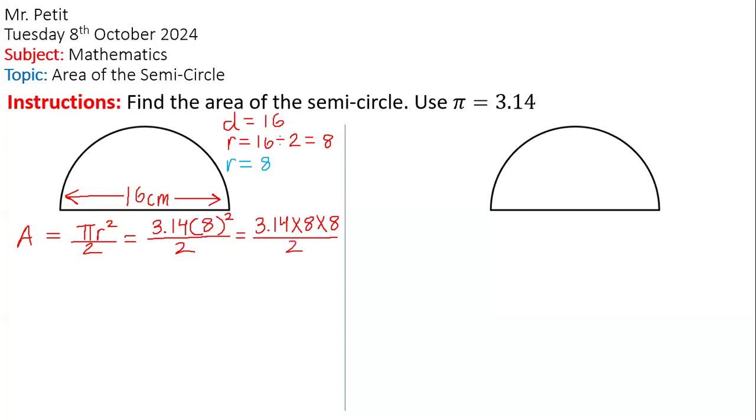How did we get 8 times 8? 8 squared is 8 times 8, and 8 times 8 is definitely 64. All right, and so that's what we have. This equals 3.14 multiplied by 64, divided by 2.